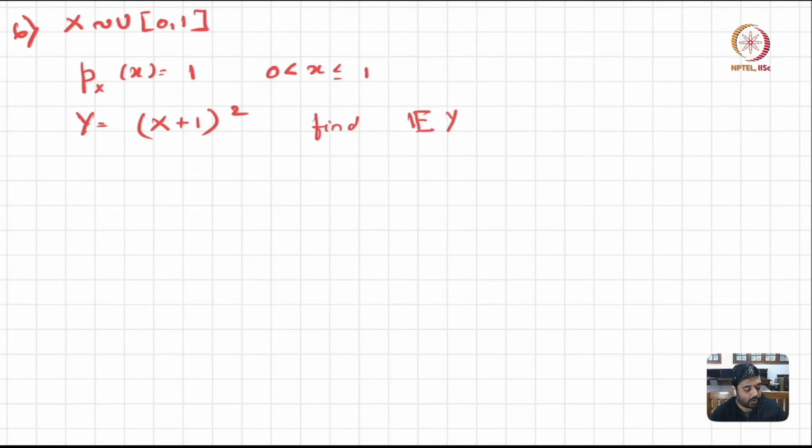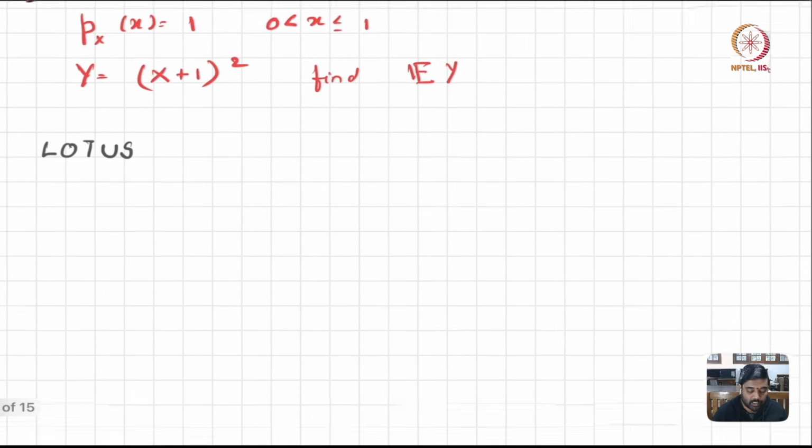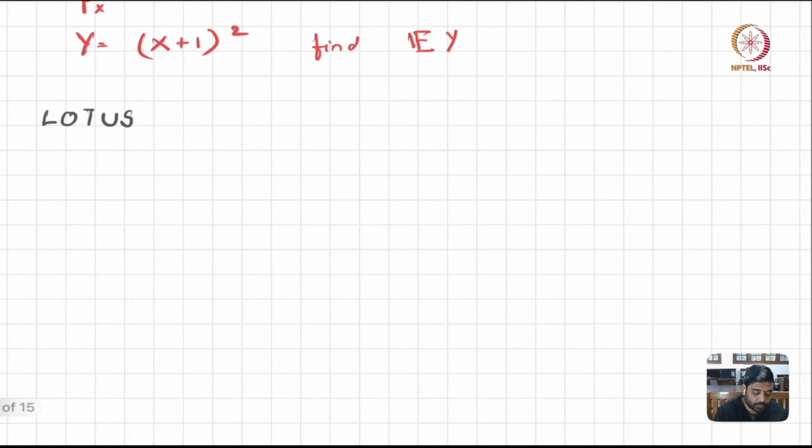Do you recall a very interesting proof by the term LOTUS, law of the unconscious statistician? It says if you have the expectation of a function of x, then how do you do it?